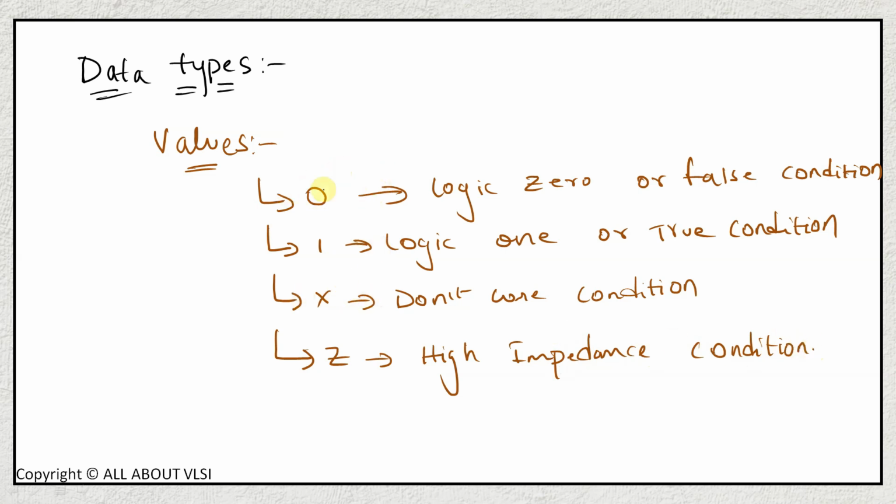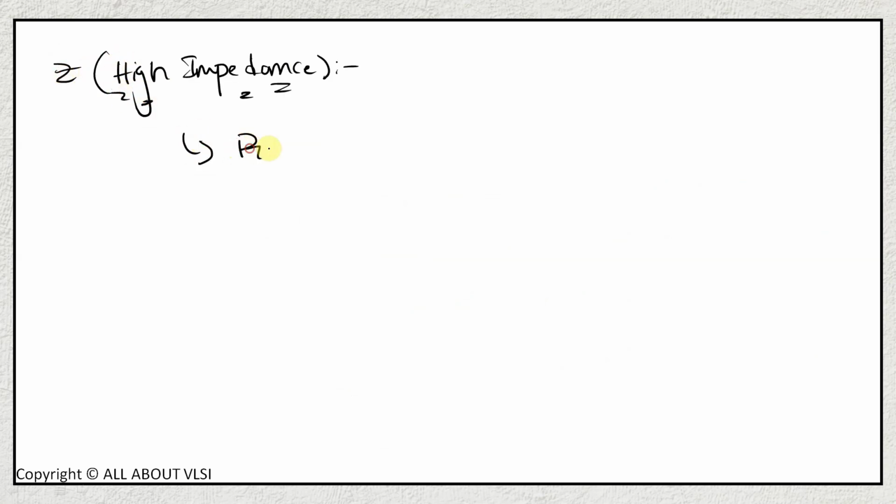So we know 0 means logical 0 and 1 means logical 1 or true condition, and x is neither 0 nor 1. But what is this high impedance z? To visualize it, let me draw a diagram. This z or high impedance basically represents the unconnected state.